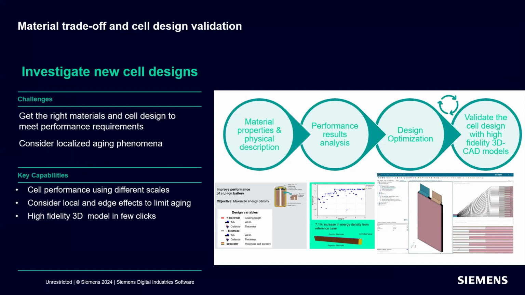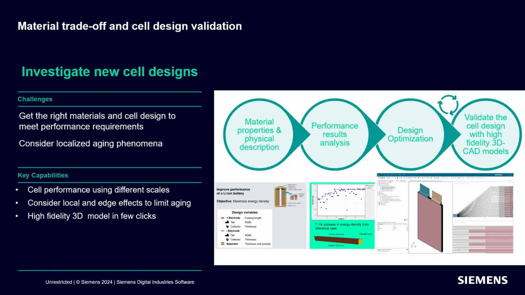For example, you might be working with a lower energy density, but safer material for the anode, so you'd need to make the size of the cell relatively large to meet the capacity requirements. This material trade-off investigation is primarily done through 0D, 1D models, so it's particularly fast.